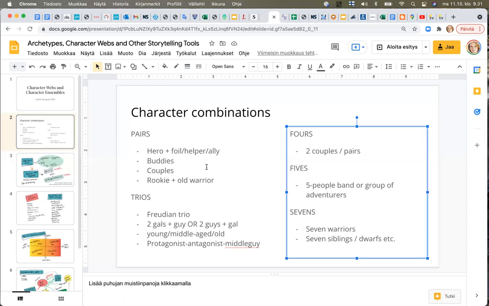Well, then there's the rookie and old warrior trope, I could even say. I think you can think of movies where that happens, that you have a young police officer and an old one, and then they are put together, and of course they don't get along well.